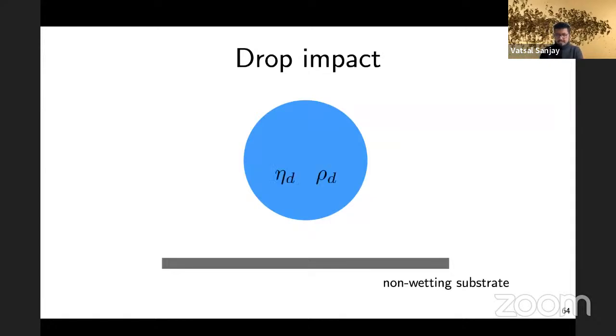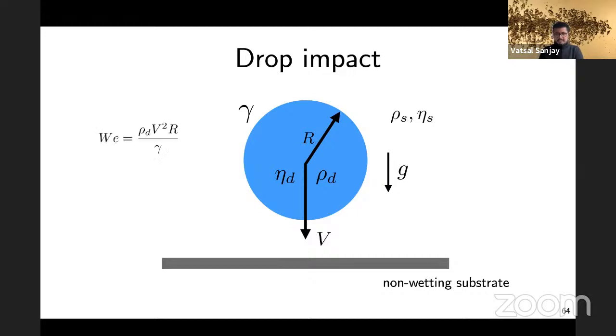And for that, once again, we have the same set of schematics. So basically, drop falling down with velocity v0, viscosity and density as eta and rho. Of course, we have a surrounding as well. And in this case, we also consider gravity, because unlike Scott, we wanted to do these cases also on Earth. So we wanted to also have gravity included.